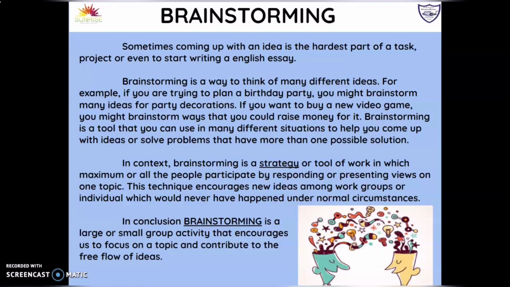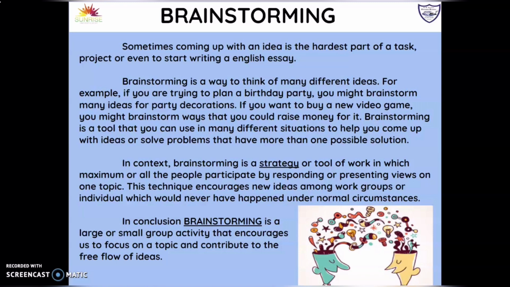Brainstorming is a way to think of many different ideas, like I said at the beginning. For example, if you're trying to plan your birthday party, maybe you want some decoration ideas, food ideas, or even how you want your cake. You can do some brainstorming in order to find the best idea.